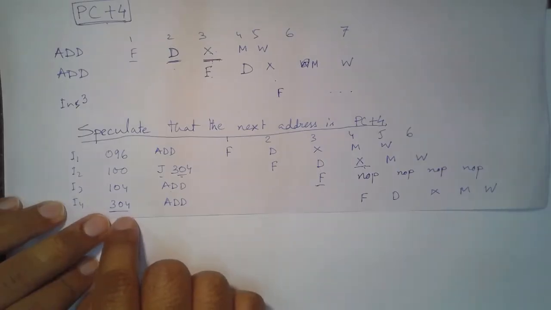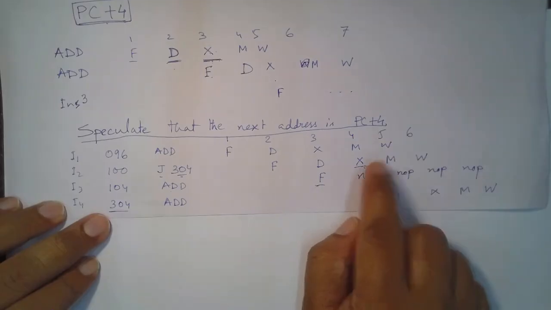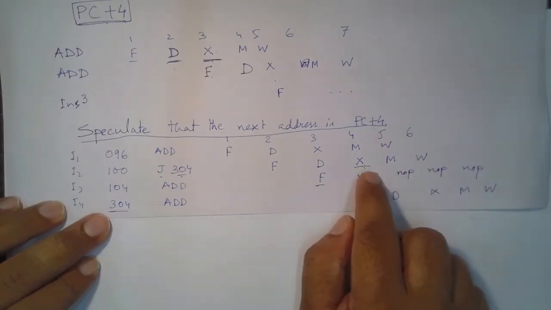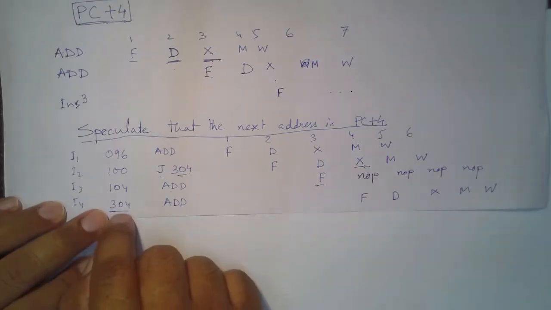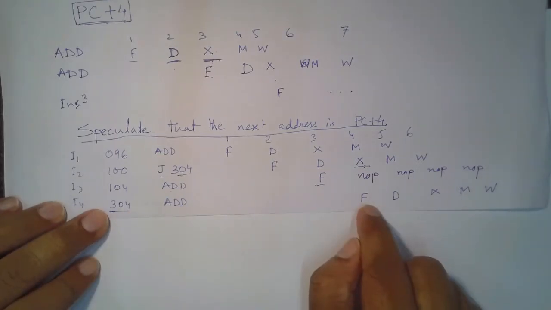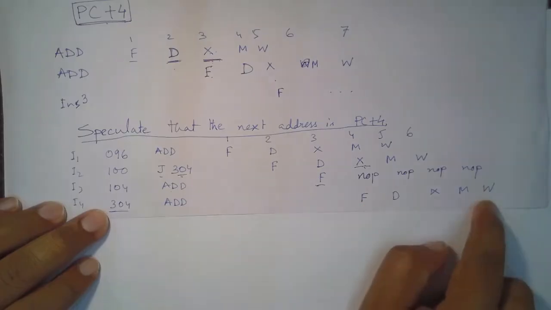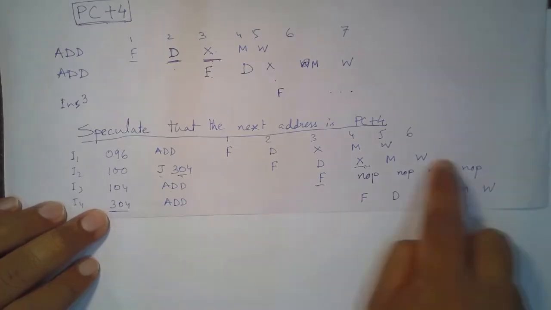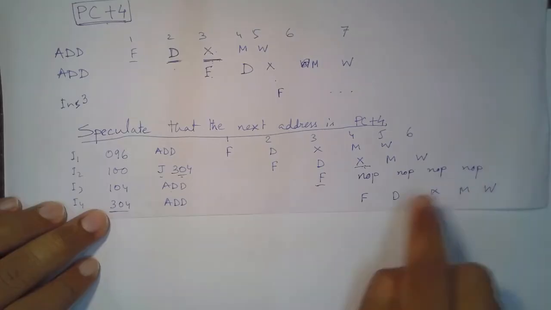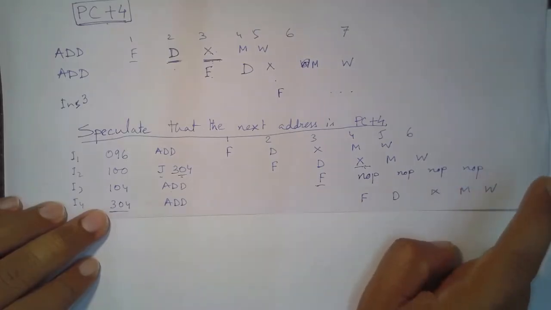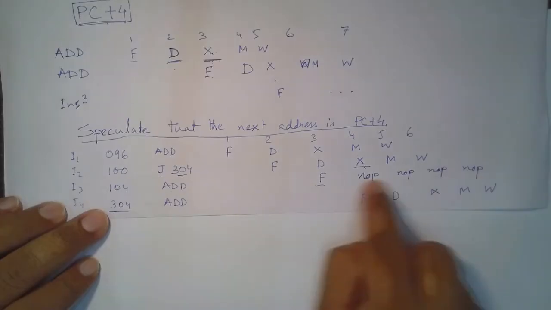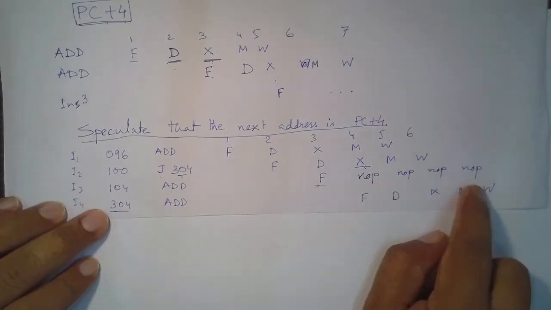So as soon as you realize the new location from where you have to fetch the instruction, you update your PC and you start fetching your subsequent instruction from here. Now this instruction which had to be killed also impacts your performance, because you did something which didn't give you any outcome.